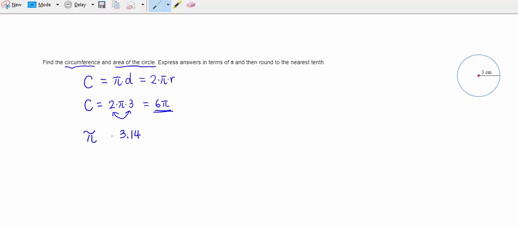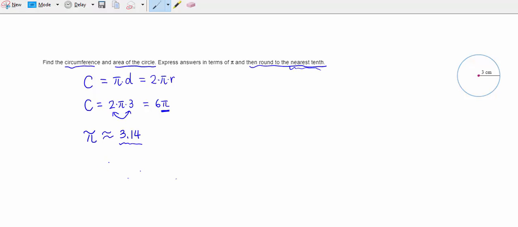Then we say pi is approximately equal to 3.14. Now, if you replace the pi in the calculation of the circumference with 3.14, then you will get an estimate for your circumference.